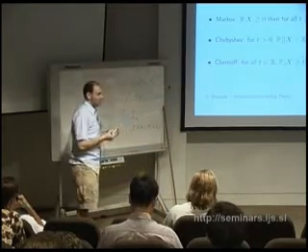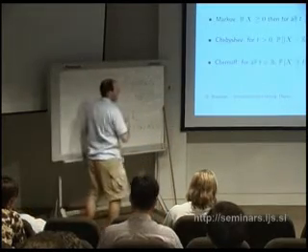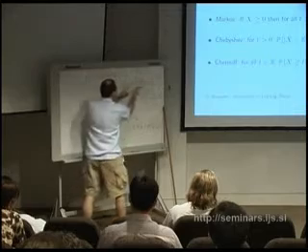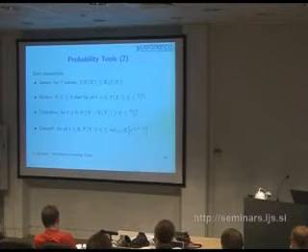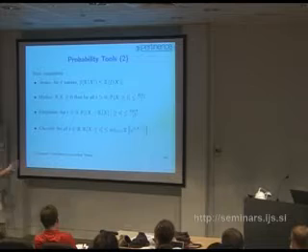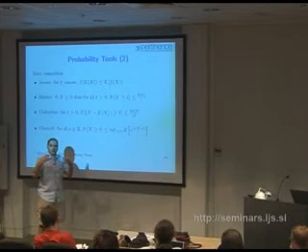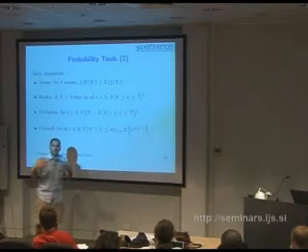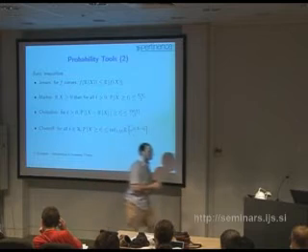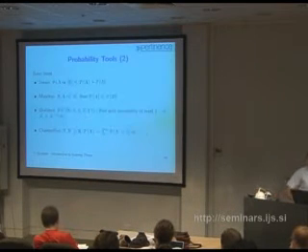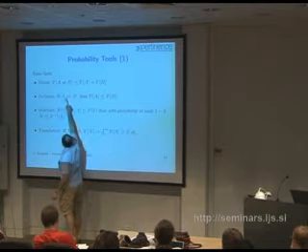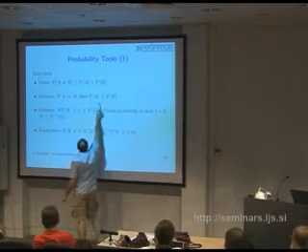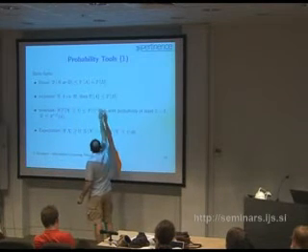There is an equality between those two events because every time this is true, this is true, and vice versa. The fact that one event is equivalent to the other implies that the probabilities are the same, and this is a consequence of this one here. If the arrow goes in both directions, then you use both statements and you get the equality, right?